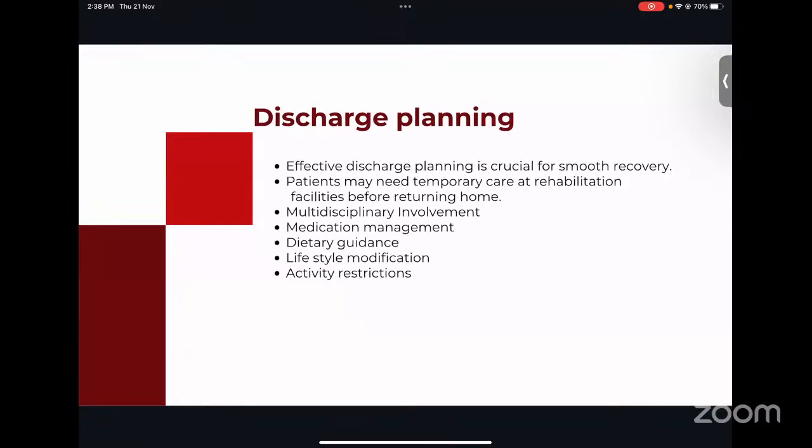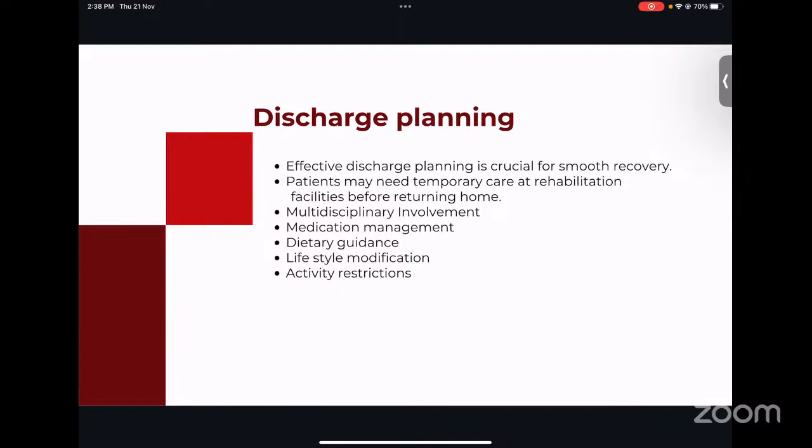Discharge planning for the patient. As the hospital stay shortens, effective discharge planning is crucial for smooth recovery. Patients may need temporary care at a rehabilitation facility before returning home. Discharge planning is done with multidisciplinary involvement. It involves the patient himself, the family of the patient, the dietitian, nurse, and physician.